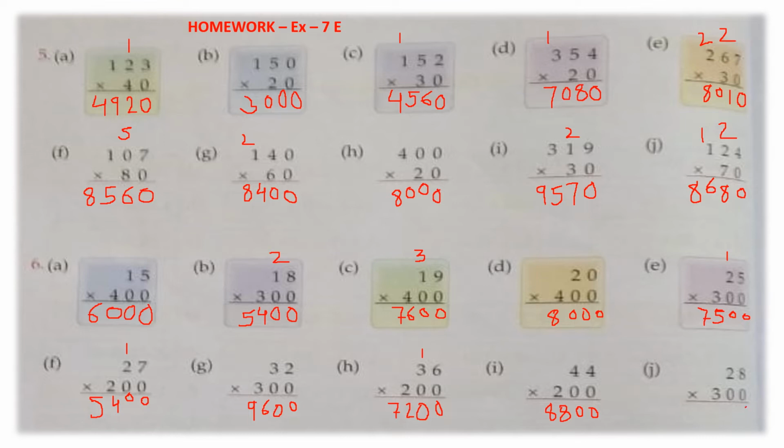So what you will get? 3 8s is 24. So write 4 here and 2 carry. 3 2s are 6 plus 2 carry is 8. So 8400.